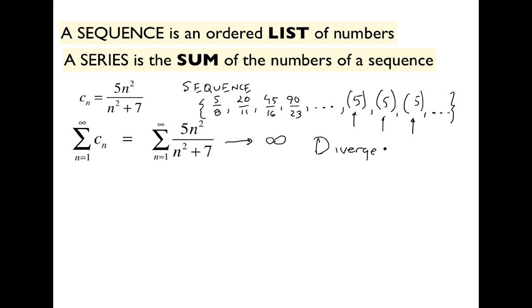So this really begs the question: if we have an infinite number of things that we're adding together, won't it always just get really, really big? You just keep adding on. So what if we want a sum of infinitely many things to actually add up to something?